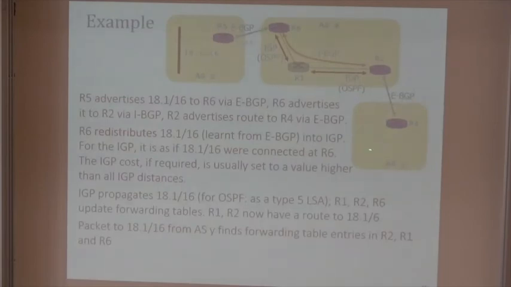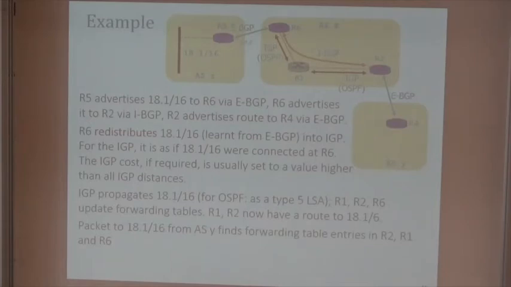I'm assuming the 18.1 is not coming back through some other path here. If it's not coming back, then the only router that has learned about 18.1 is this one, and it's the only way we can reach this one. So it would make sense that only R6 injects into its forwarding table and puts into OSPF this route here.